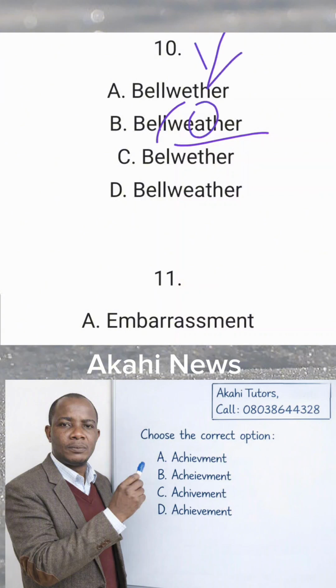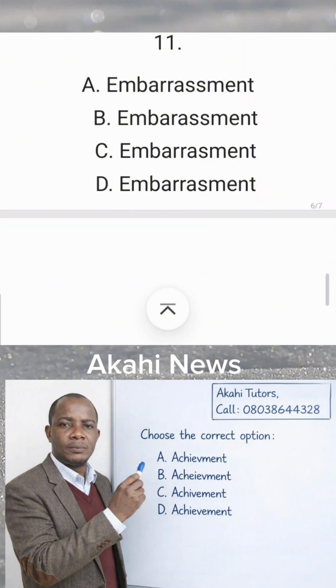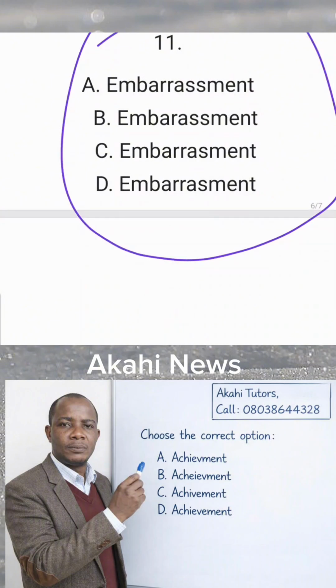Bewether does not have A. So this, and it has double L. It does not have A. Take note of that. So option A is correct.